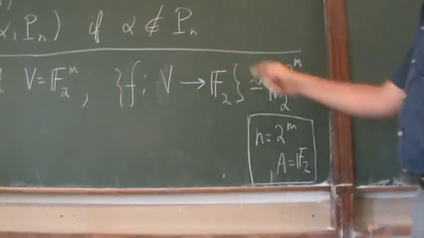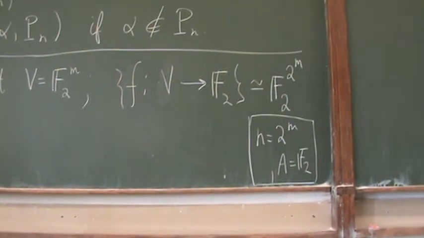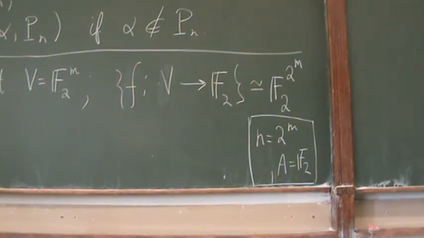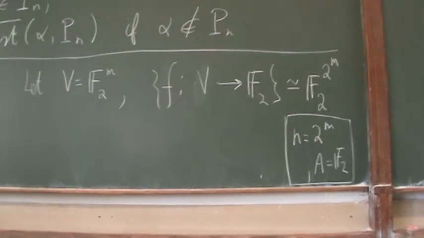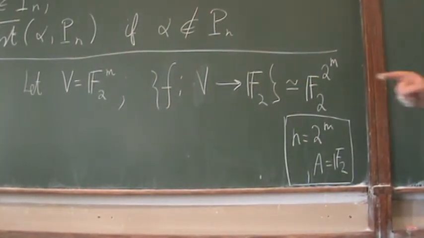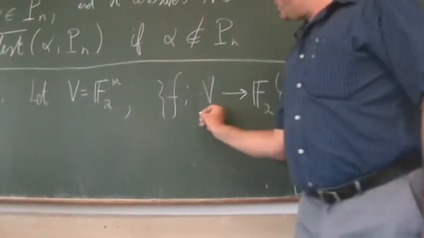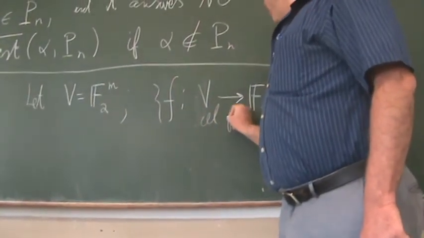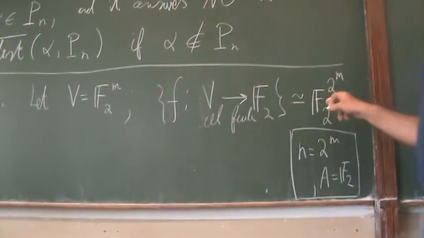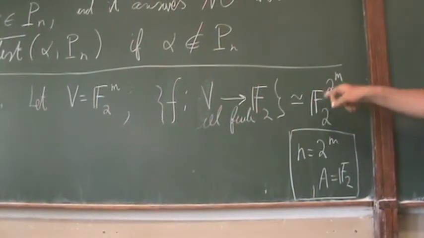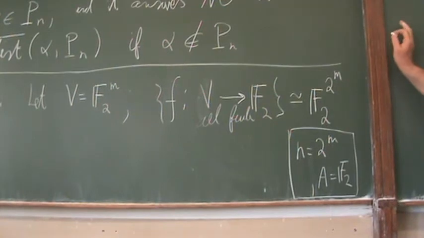You put some order on the elements, it doesn't matter. So I look at all possible functions, and don't confuse M and N. I look at all functions from V to F2, so not just linear, all functions. So there are 2 to the M of them.